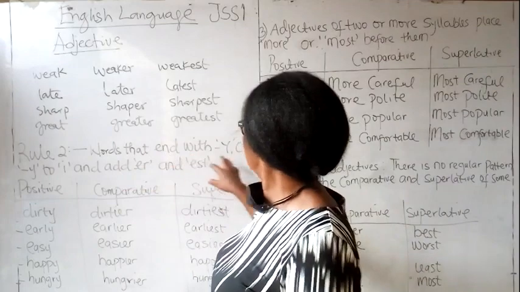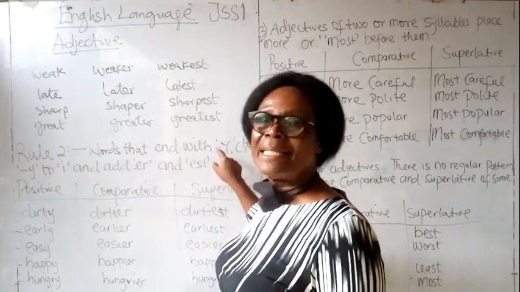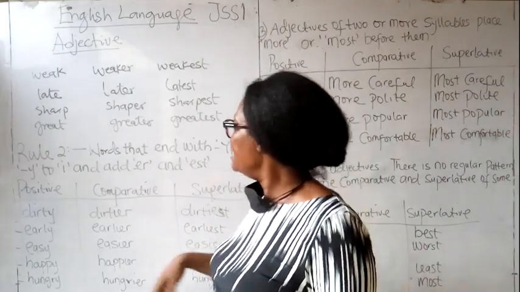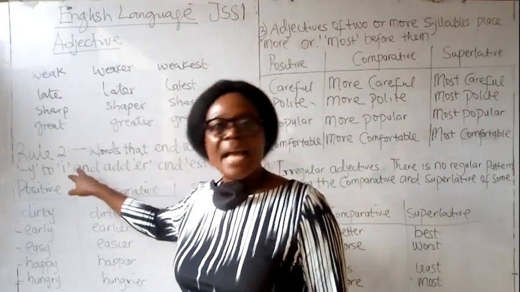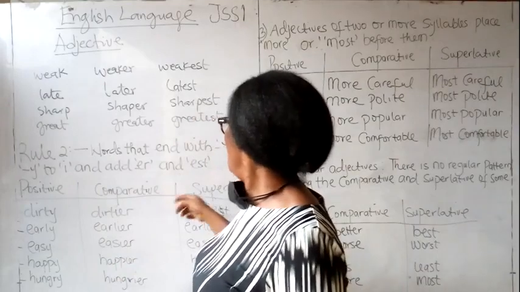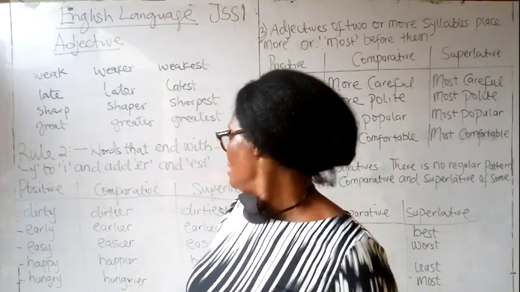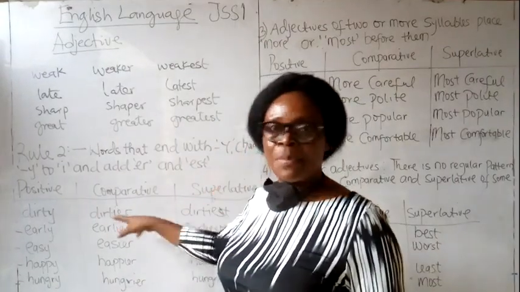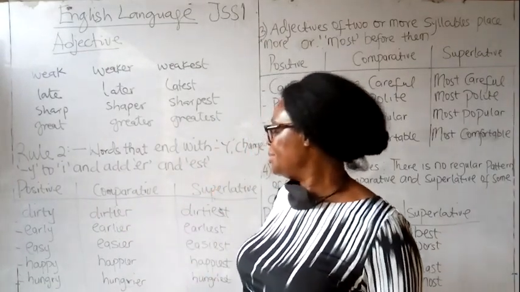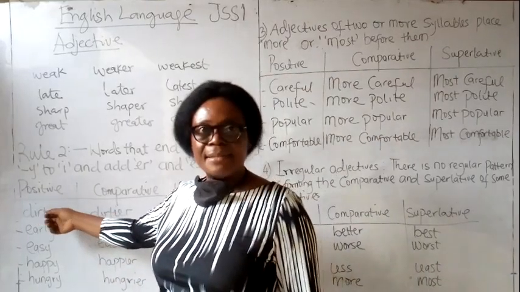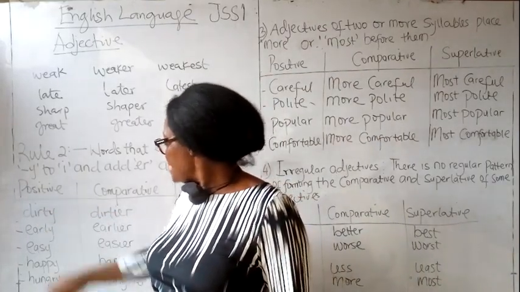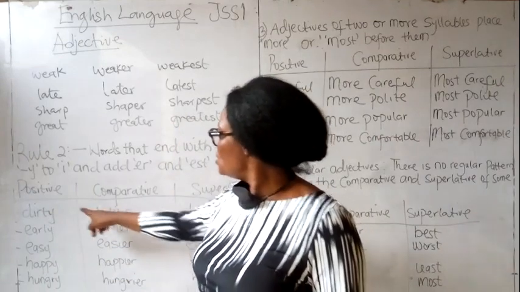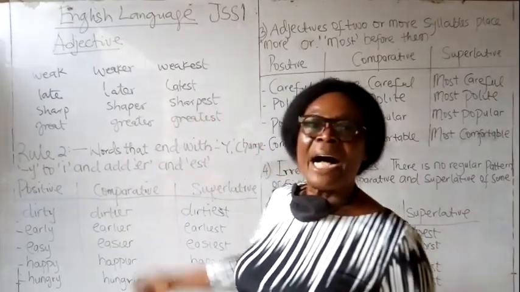you have some words that end with letter Y. All you need to do is just to change the Y to I, then add ER or EST in order to form the comparative and the superlative. The examples are here on the board. Dirty ends with letter Y. So all we did here is just to change this Y to I before adding ER.